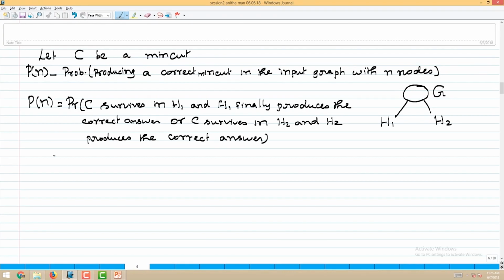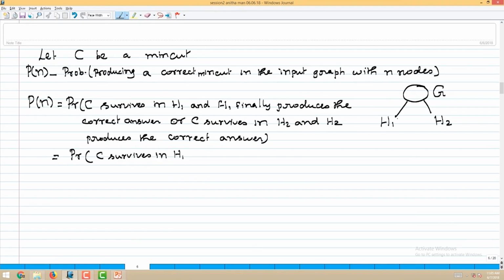Now, this could be written as probability of C survives in H1. Okay. Now, see, recursively you are doing it. So, you can get a recurrence relation.